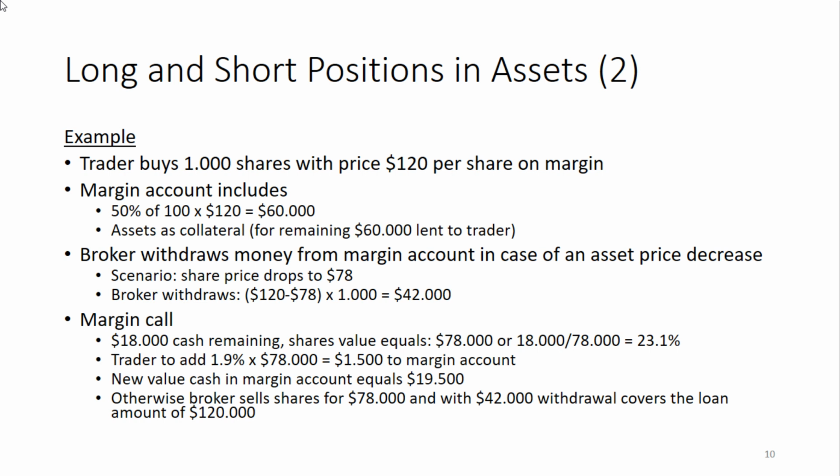That's $42,000, which means that there's actually $18,000 remaining in the margin account. So the margin account includes $18,000 in cash. The shares that have been pledged with the broker have also decreased in value. They are now only worth $78,000, where originally they were worth $120,000.